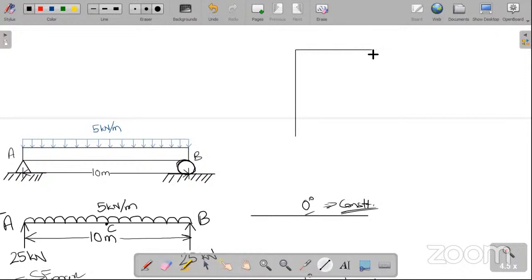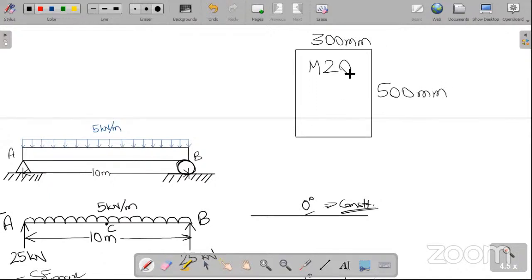So let's say this is the beam. Let's assume this is the section of the beam. And here we are using, let's say, M20 as grade of concrete. The width of the beam is 300 mm, and the depth of the beam, let's say, is 500 mm.